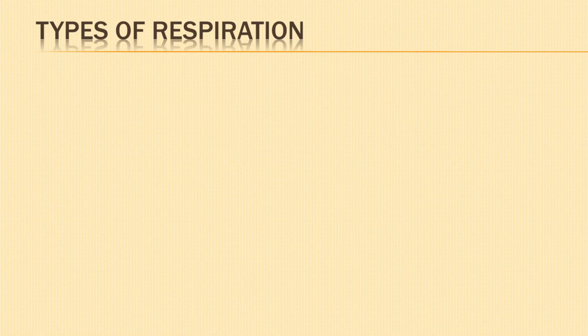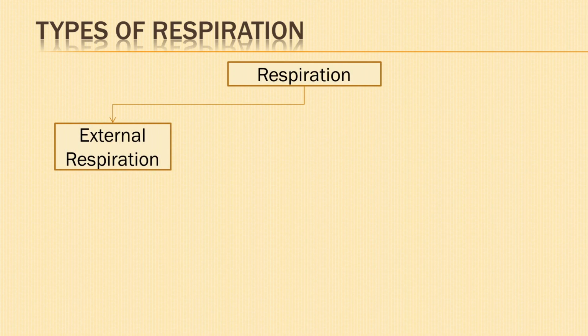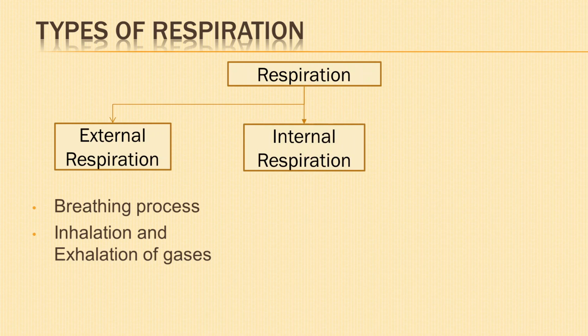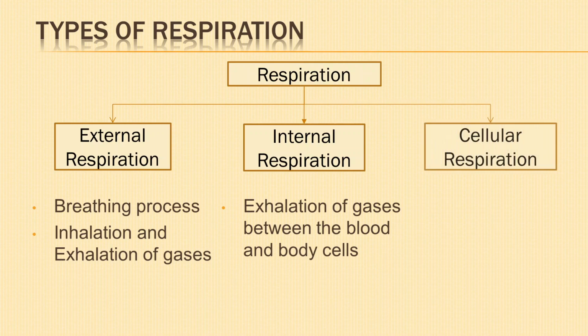Next, we come to types of respiration. External respiration, it is the breathing process. It involves inhalation and exhalation of gases. Internal respiration involves gas exchange between the blood and body cells.